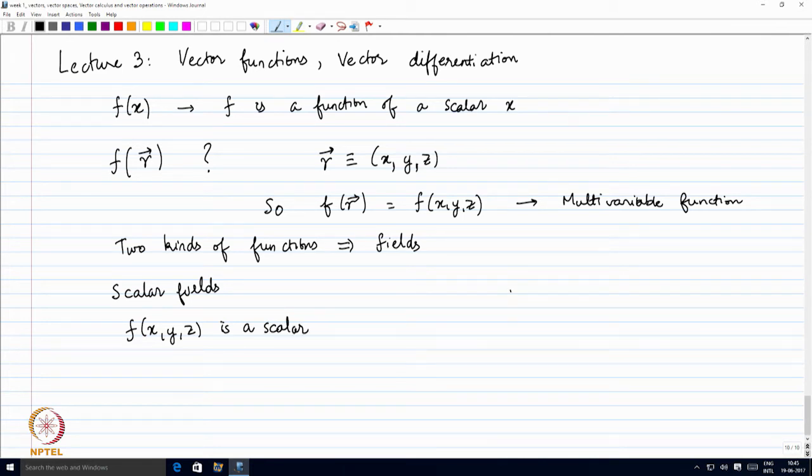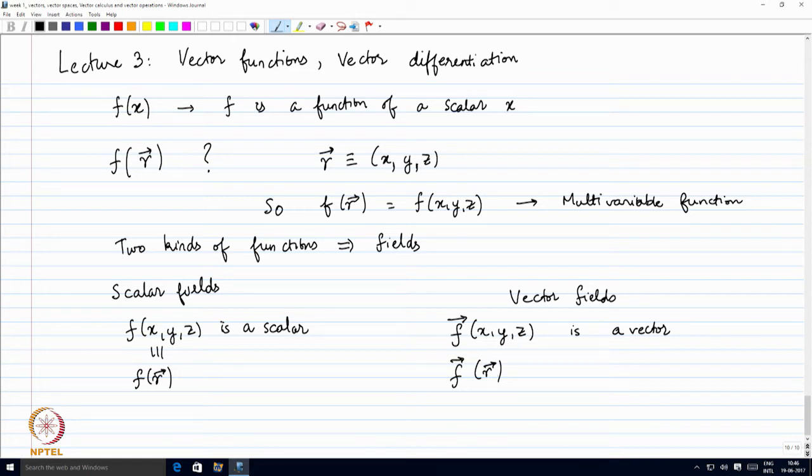Or you can think of vector fields, where f is a vector and it is a function of x, y, z. Notice this is the same as f of r vector. So, this one is a scalar field. Now, here you have f vector of r vector. So, it is a vector. So, you can have both scalar fields and vector fields.